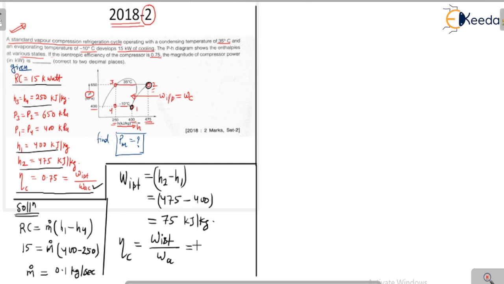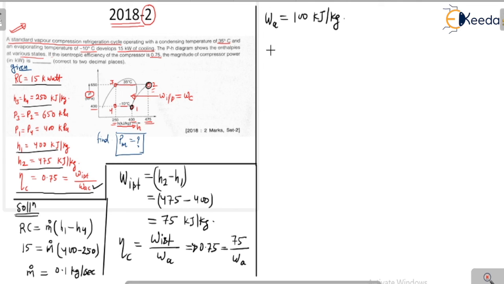So 0.75 equals 75 divided by W actual, and your actual work is 100 kilojoule per kg.